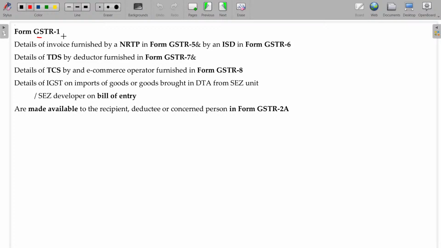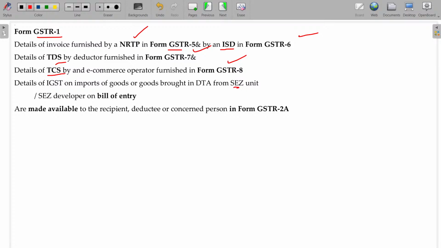Form GSTR 1: details of invoices furnished by an NRTP go to GSTR 5, which is an additional learning. ISD will go to GSTR 6, TDS goes to GSTR 7, TCS goes to GSTR 8.